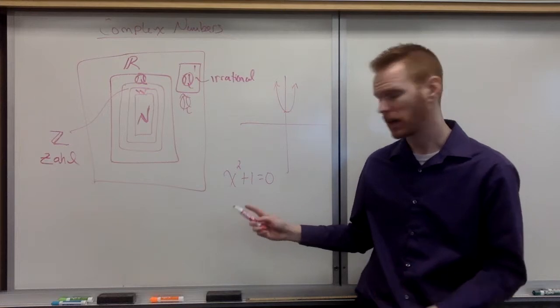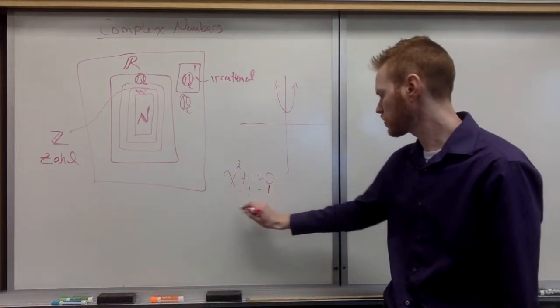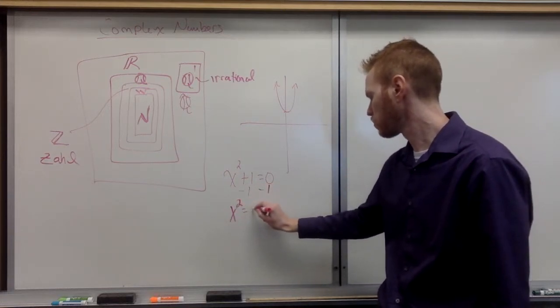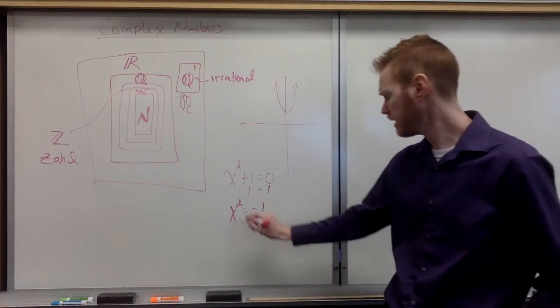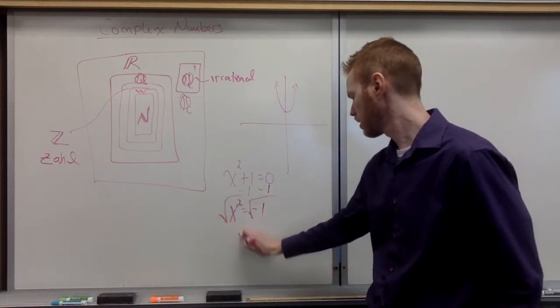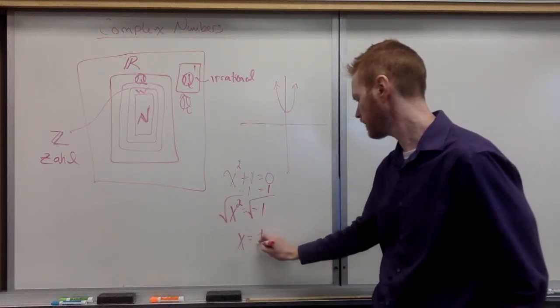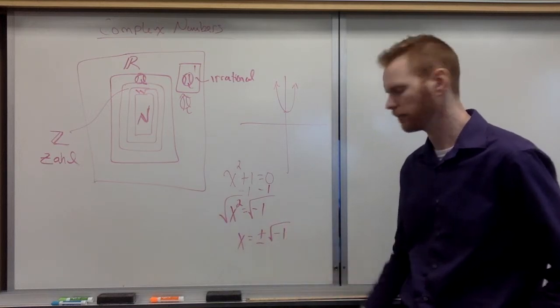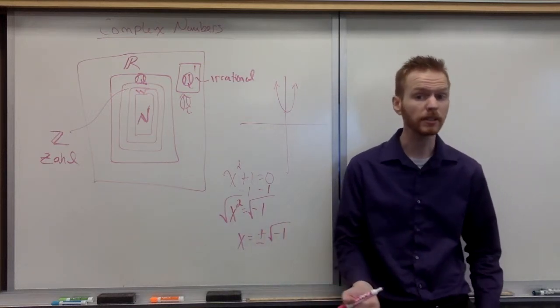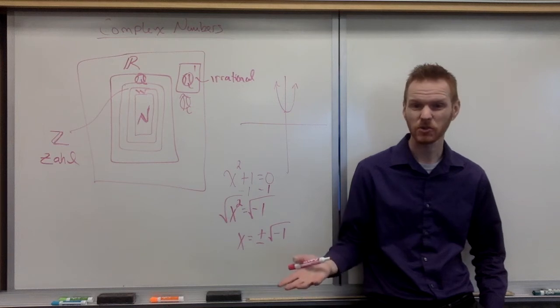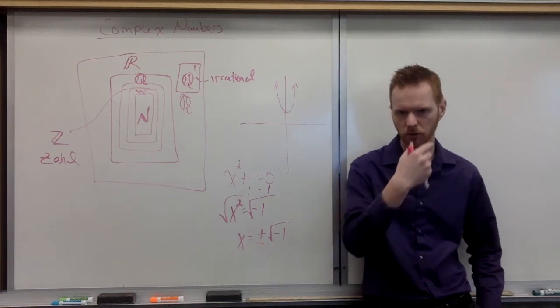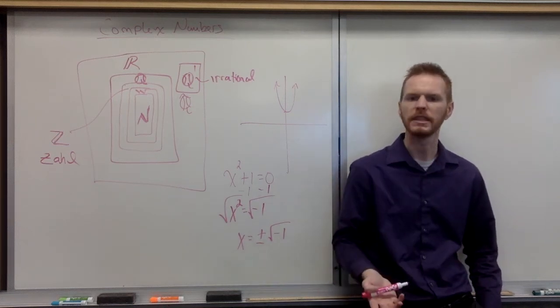Okay, what do I mean by that? Well, let's solve this guy. Subtract 1 to both sides. I get x squared equals negative 1. And then I take the square root to both sides. X equals positive, negative, the square root of -1. Now, typically, you would say, nah, that's no solution. You can't have a negative under the square root. But what if we did?